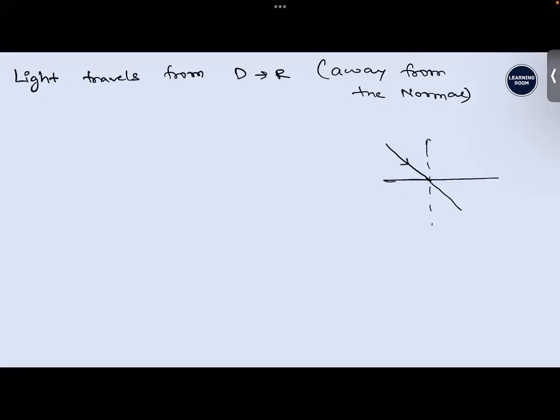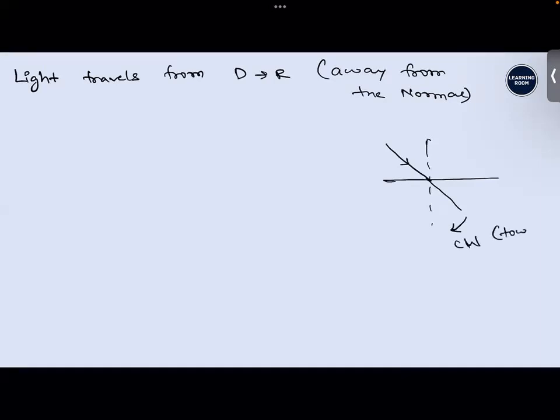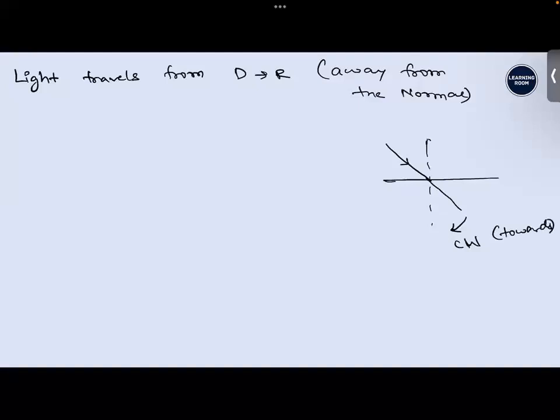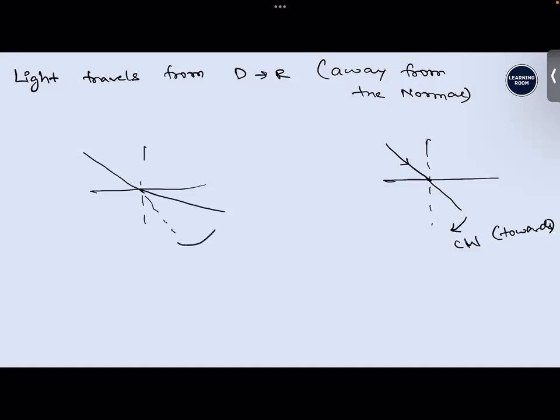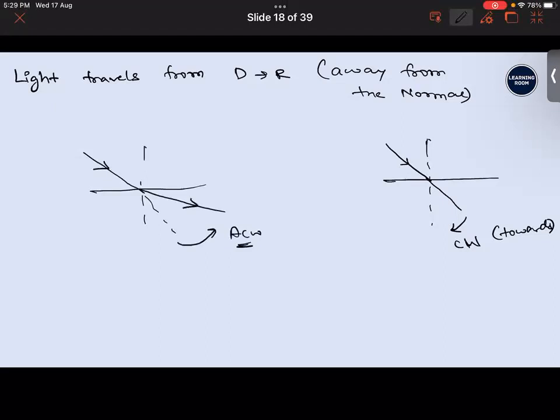When we say light is bending towards the normal, it always takes a clockwise turn. So clockwise means towards. Whereas if the same light ray is bending away from the normal, means from its actual path, it will take an anti-clockwise turn. So this is what we call moving away from the normal.